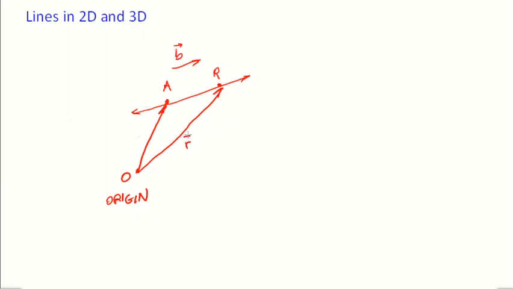So basically, if I want to define an equation for this line, notice that I can rewrite this vector, which is pointing towards any point in that line. This point R is just chosen; you can choose any point. So this vector is the sum of OA plus AR.